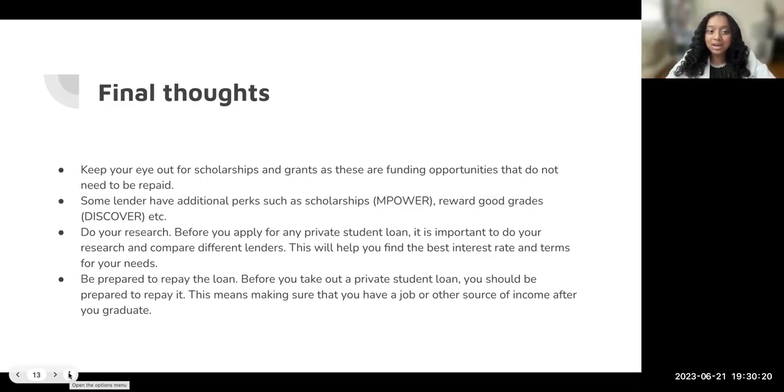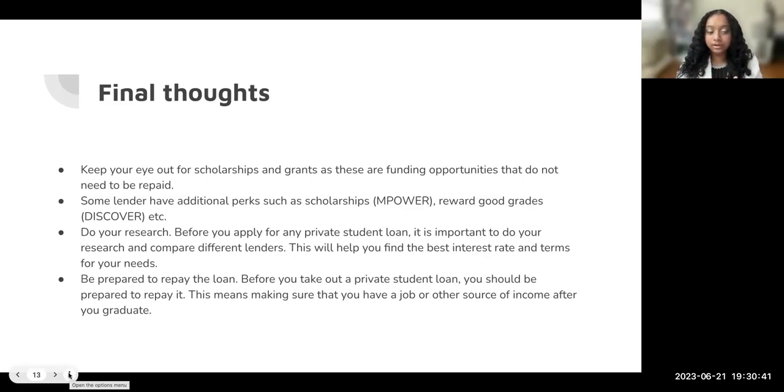Discover is another private loan lender, and they also have certain rewards built in, like for good grades. However small the amount is, they help out. So keep an eye out for these perks.